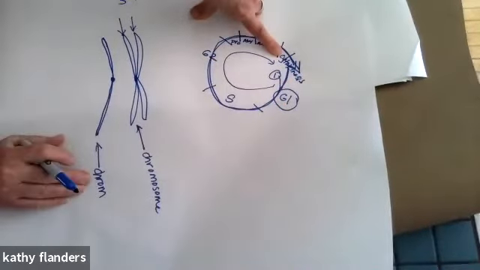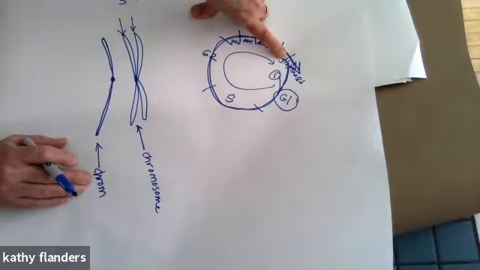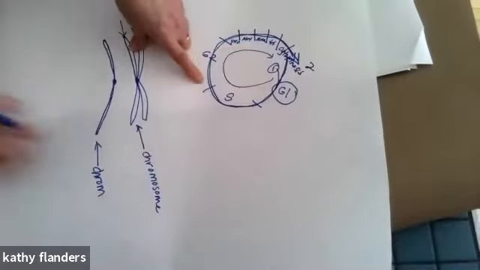And cytokinesis, remember, is where my cells separate. So how many do I have at the end of my cell cycle after cytokinesis? 2. All right. So I start with one cell and I go to 2.